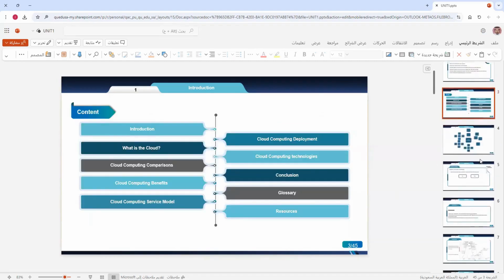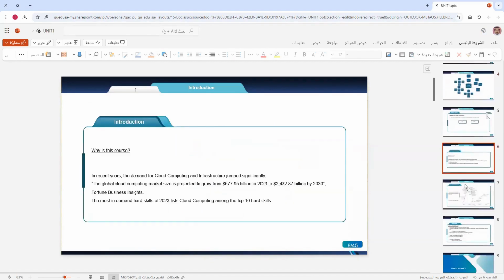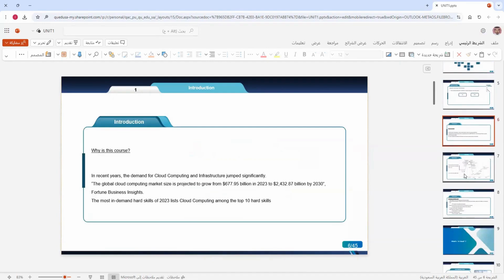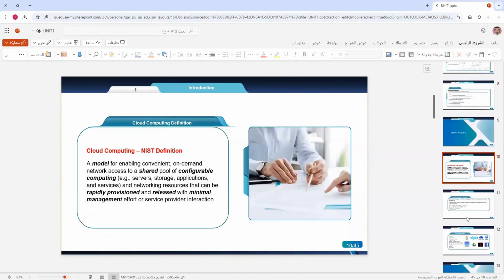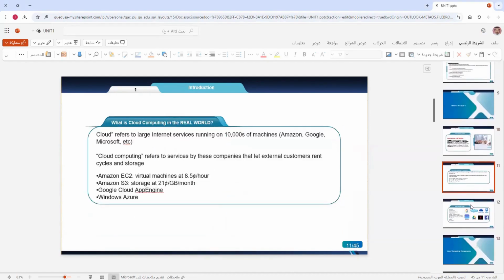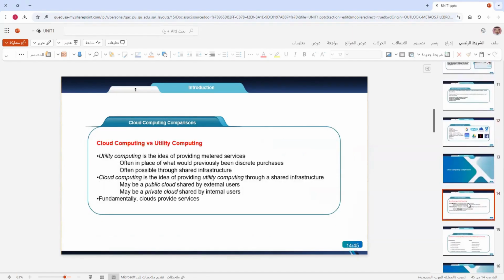Following that, we will create a mind map, and then we will move on to the importance of this lecture. Then we will move on to the official definition of cloud computing, along with some examples found in the cloud.